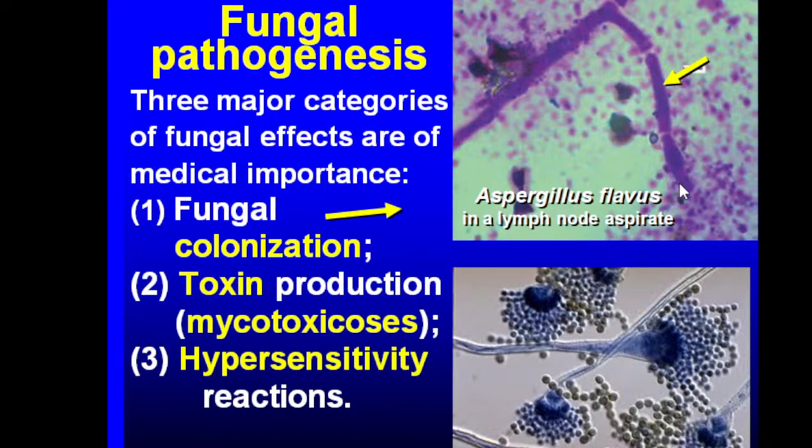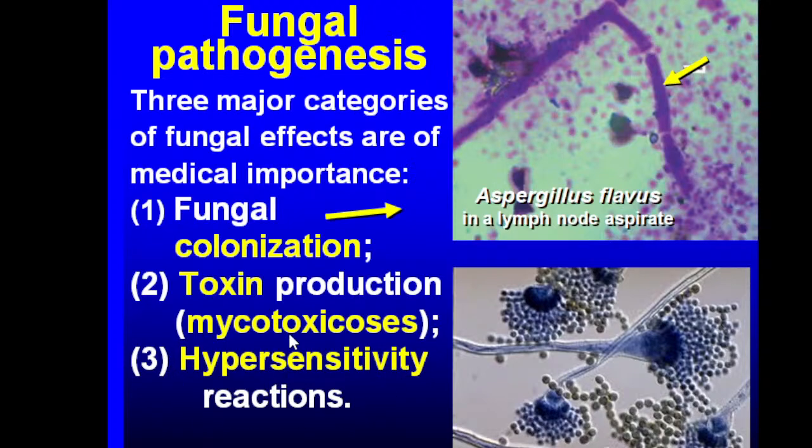The second group is the ability to produce exotoxins and release them into the substrate. The diseases usually caused by these fungi are called mycotoxicosis. So this is intoxication with fungal exotoxins.